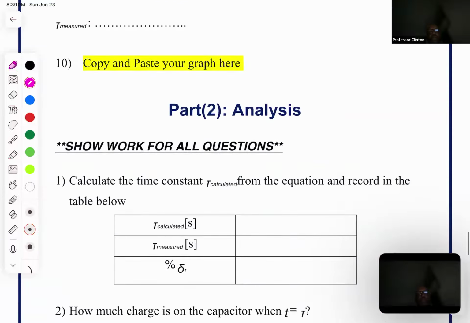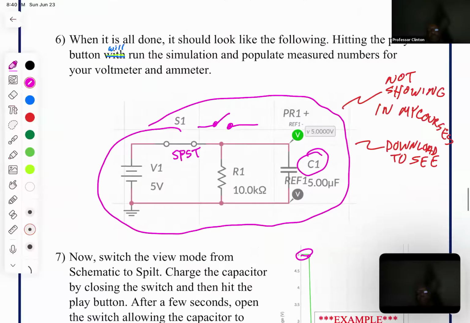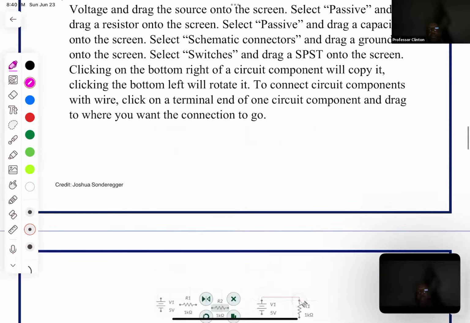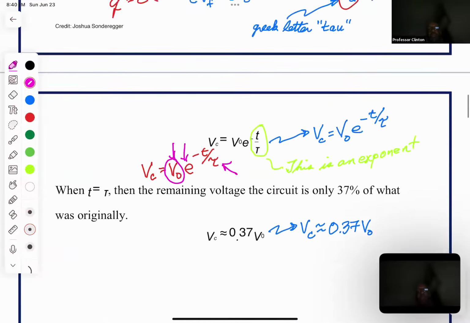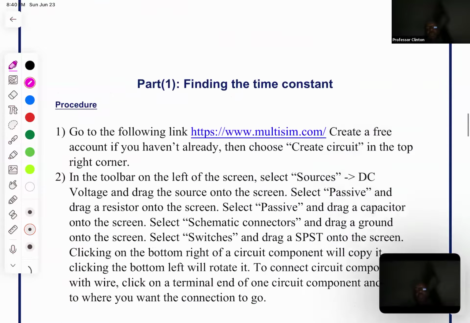Essentially here we're just going to find tau. We're going to calculate it using the formula that we pointed out up here for tau. Keep in mind that your resistance should be in ohms. So if you had to convert it, make sure you know how to convert it, not kilo-ohms, but ohms. And your capacitance should be in farads.